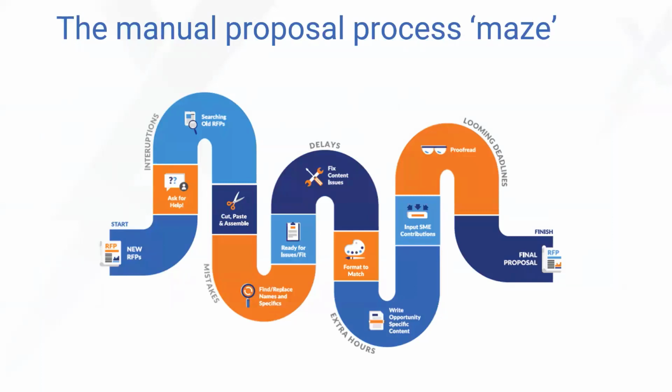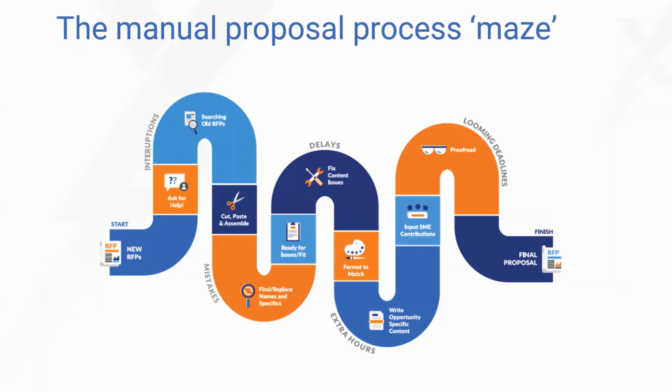So let's talk about those manual proposal processes. We created this little image that's meant to look like a children's game board or a maze of sorts. And while it's mostly tongue-in-cheek or silly, the process isn't that far off.